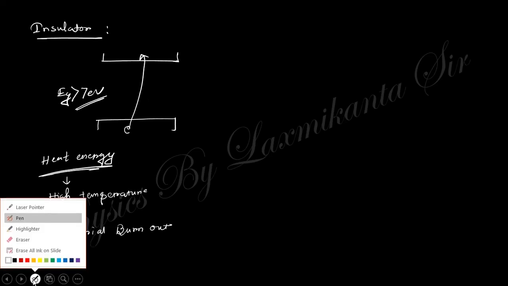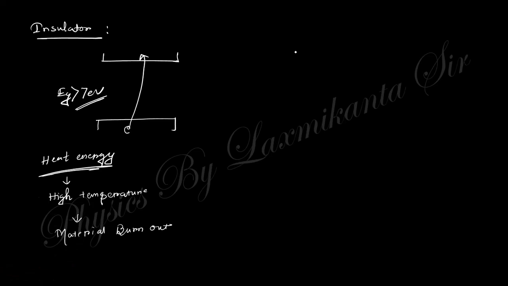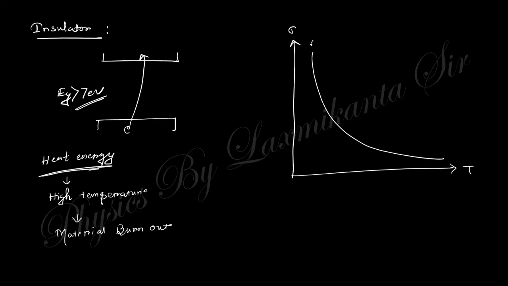So in conclusion, if you want to draw the temperature versus conductivity of these three materials, you can say in case of the conductor, this will reduce like that. This is for conductor.